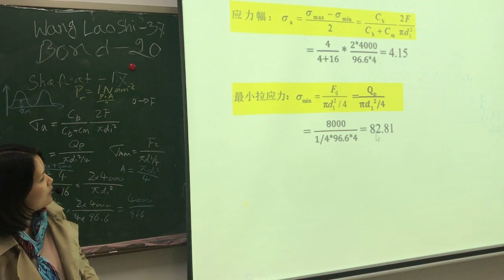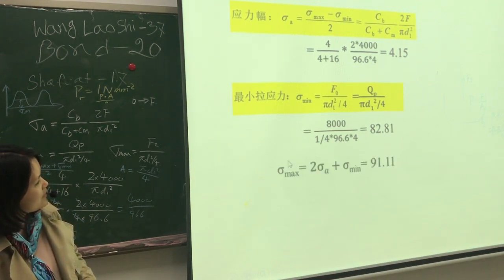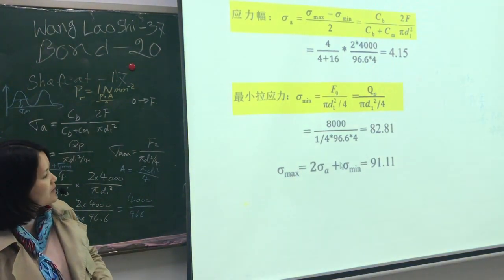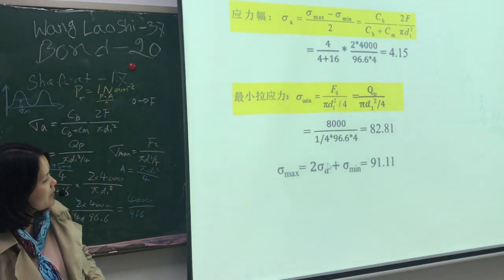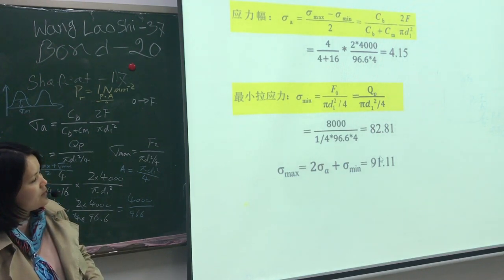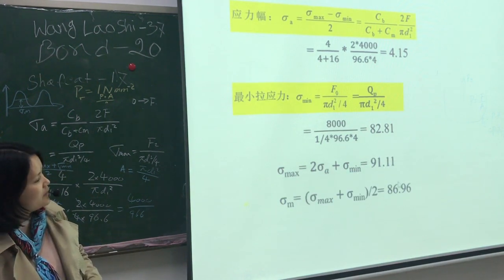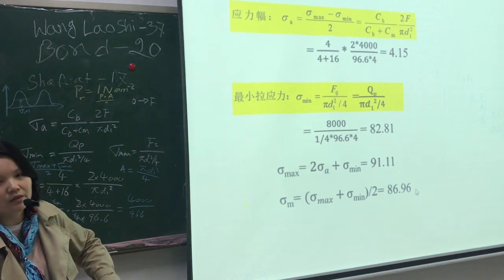Okay, and then we can calculate the sigma max. Sigma max is 2 sigma A plus sigma minimum, is 91.11, and then we calculate sigma M is 86.96. Okay.